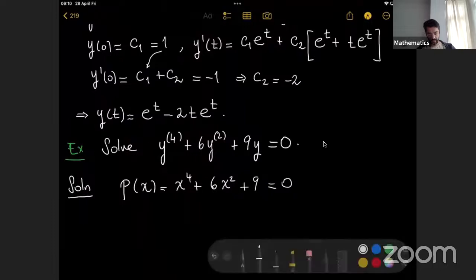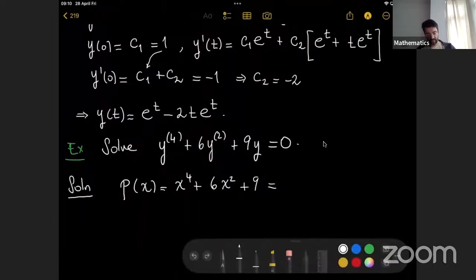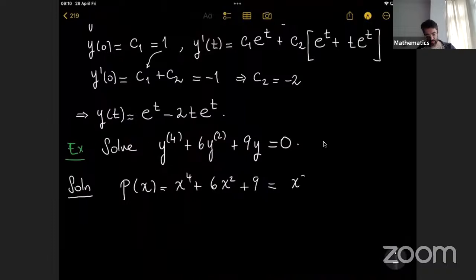Or maybe let's write like this. What is this? This is basically lambda square plus 3 square, right? The square of lambda square plus 3 will give you this. So we don't have any real root, but we have complex roots. We have 4 complex roots. This is a degree 4 equation.